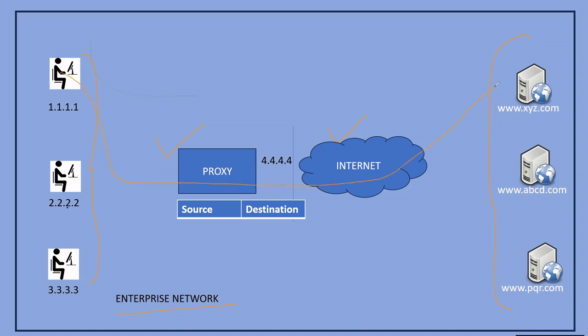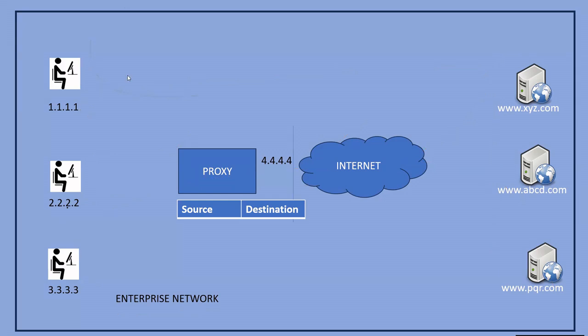If that's a requirement of an enterprise network, you cannot just bypass the proxy and go to the website. You will not be able to go to the internet without going to the proxy. So all these requests have to go via the proxy.